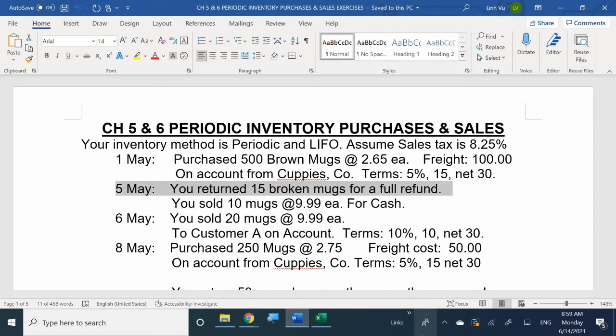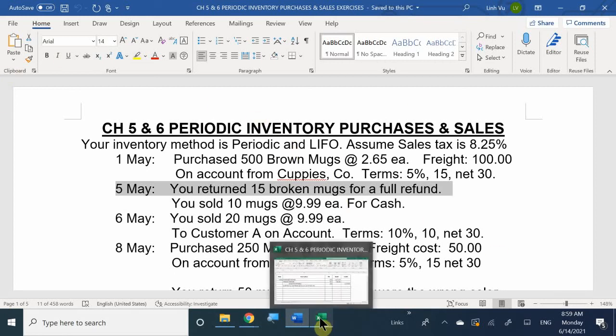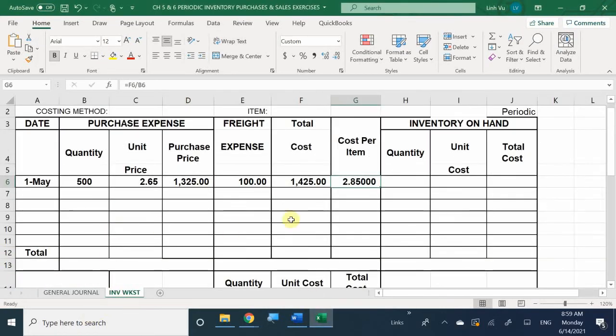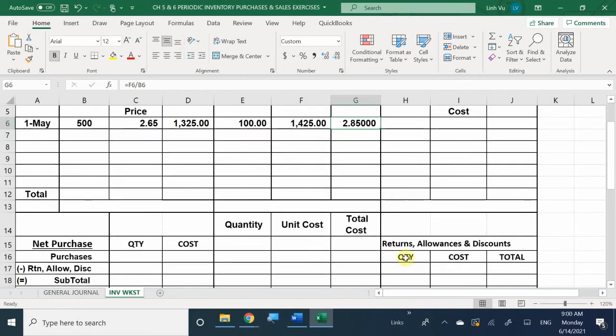So 15 out of the amount purchased, what was it? 500 was returned. Okay. And we're getting a full refund, right? So where do you want to go first? Do you want to journalize this, or do you actually want to go to the inventory worksheet first? Just put it on return and allowance. Okay, so let's go ahead and go here, right?